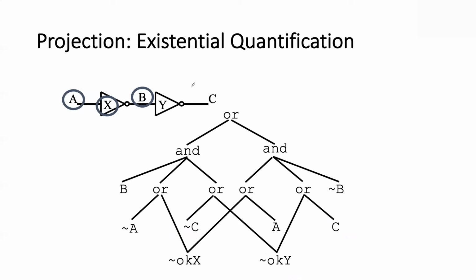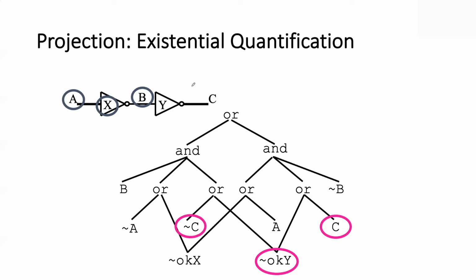But let's see first, how do we do that? How do we existentially quantify these variables, which appear as follows in this circuit? It turns out to be very simple. If you want to existentially quantify a variable in a d-DNNF, all you do is replace every occurrence of that variable, whether positive or negative, with the constant true.